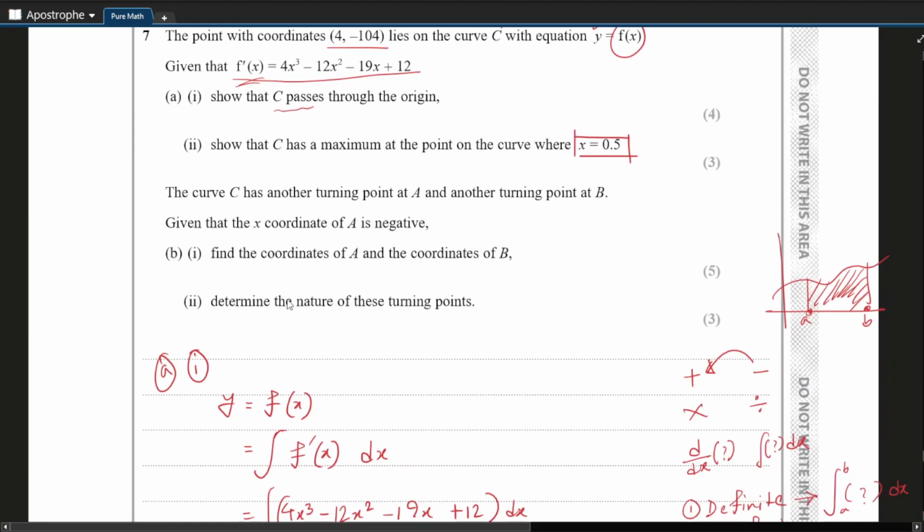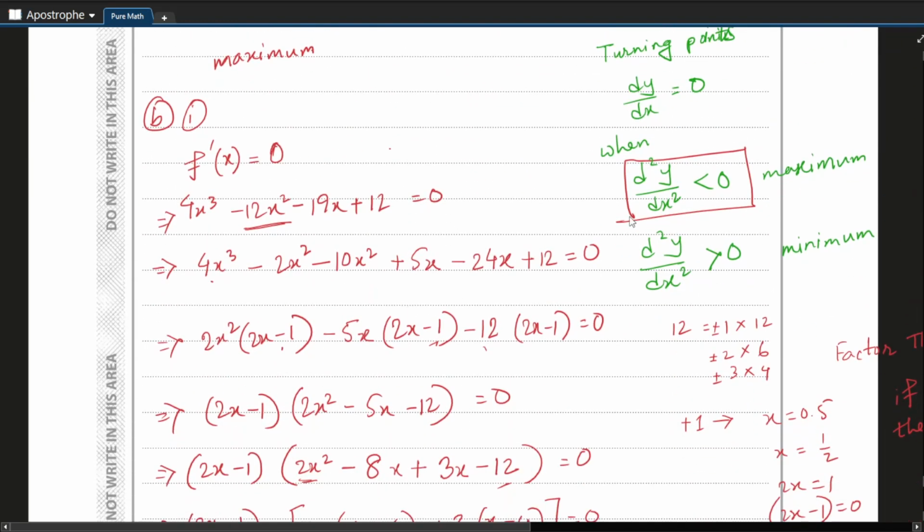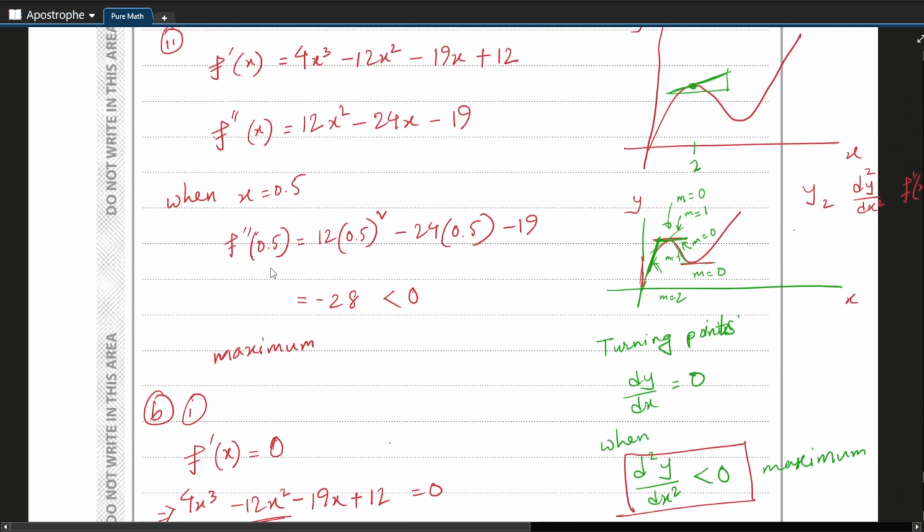Now the next question is determine the nature of these turning points. So are they maximum or minimum? In order to find that, we need the f double prime of x.